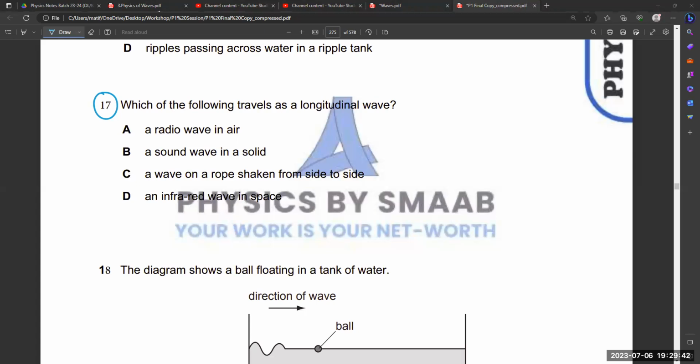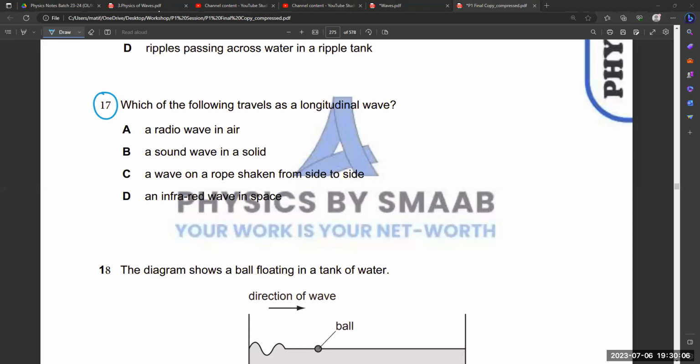Okay, so the options are a radio wave in air, a sound wave in a solid, a wave on a rope shaken from one side, and an infrared wave in space.